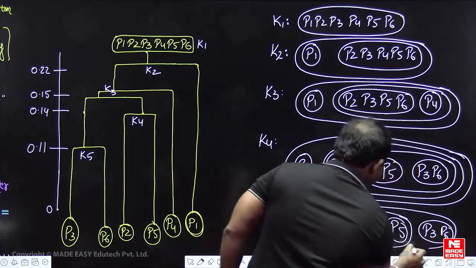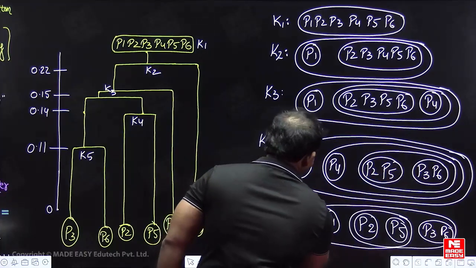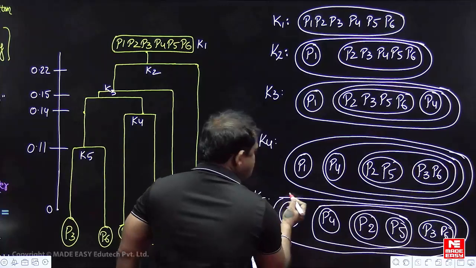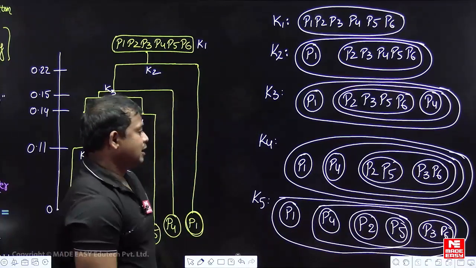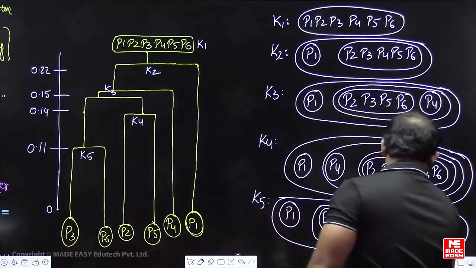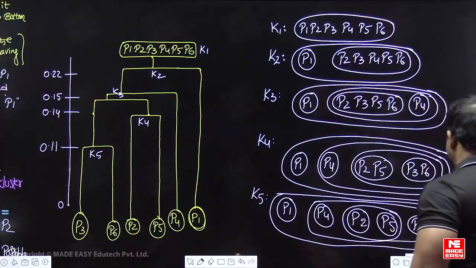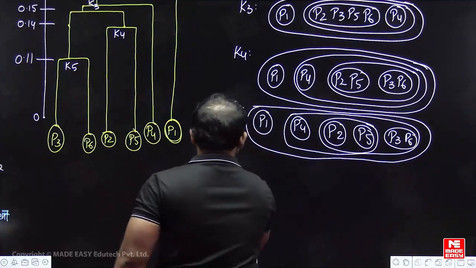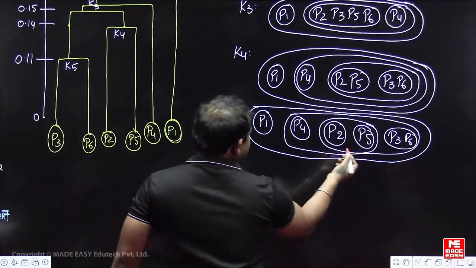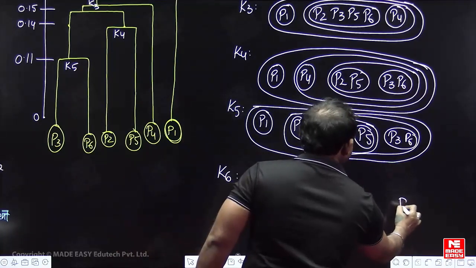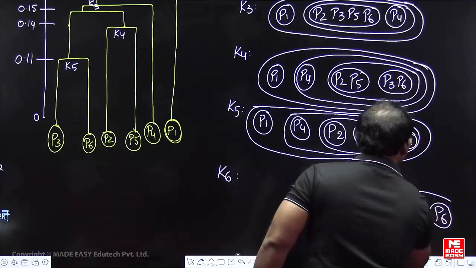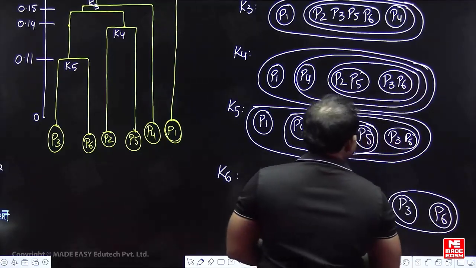Now this is 1 and major is this. Okay, still we want the individual cluster, this one. Then K6 is what? K6 is P3 separate, P6 separate. Then they are in this.